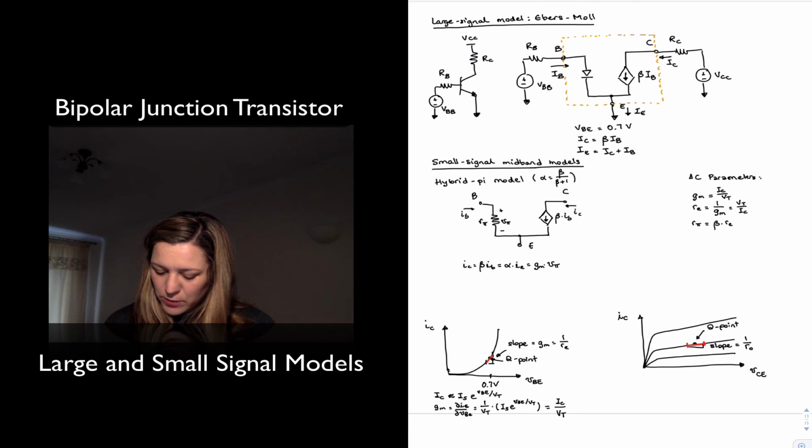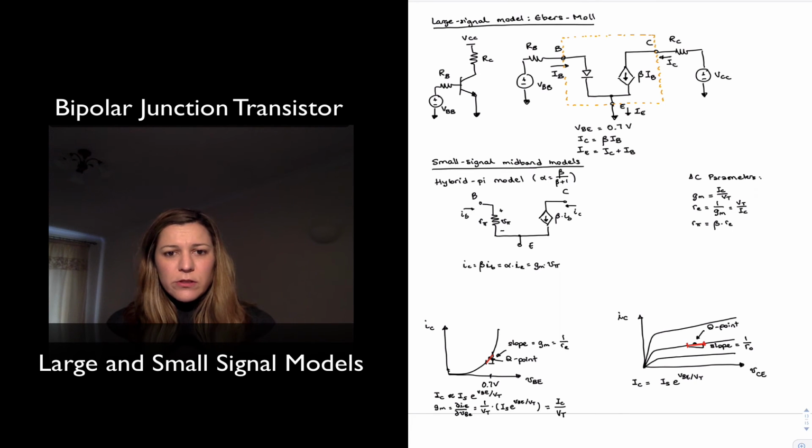Now, when we look at the expression for our IC current, we can say IS e to the VBE over VT. We can say, well, there's nothing there that shows a relationship between IC and VCE, and that's because we have not introduced the term with the early voltage.